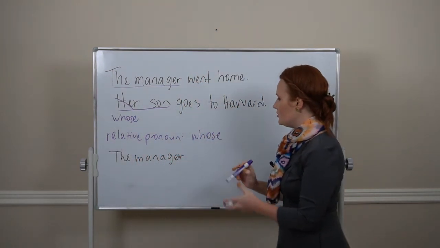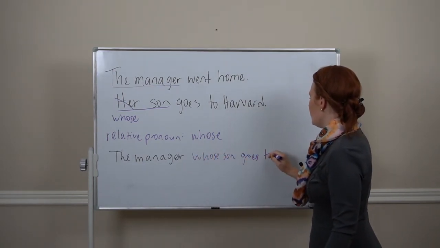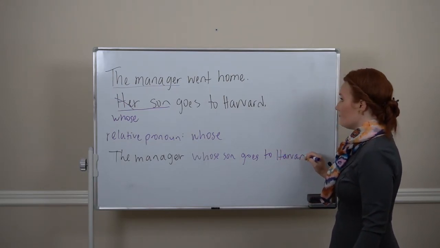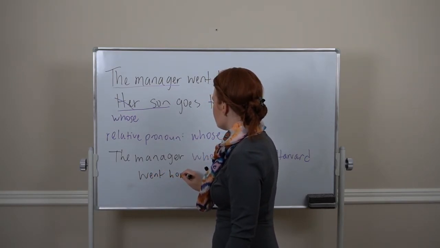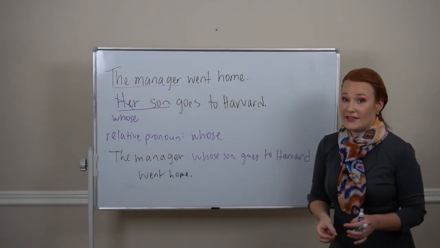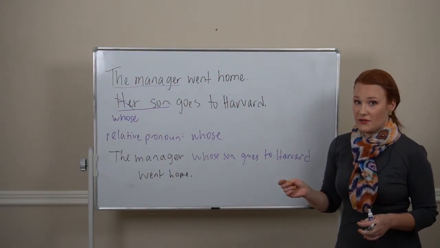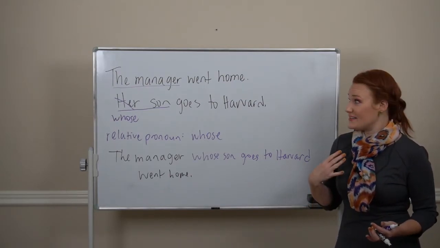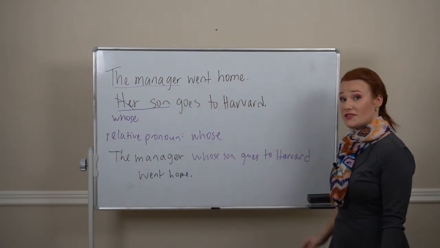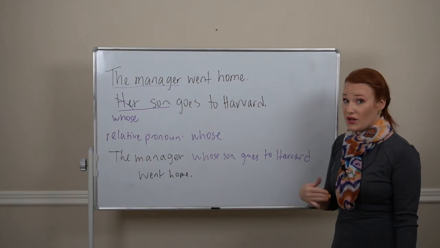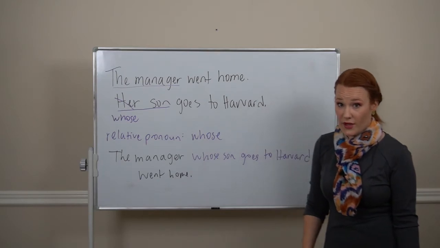The manager, whose son goes to Harvard, went home. All right, so make sure your relative clause comes right after the noun. A really common mistake I see is someone will say, the manager went home whose son goes to Harvard. That's not going to work. The relative clause needs to go immediately after the noun it's describing, okay?